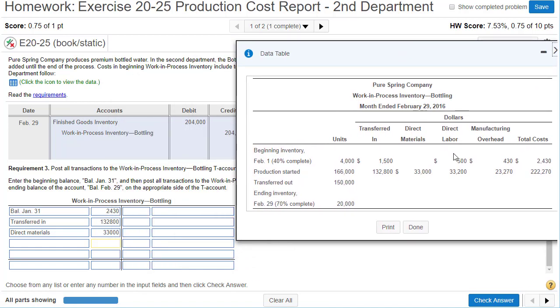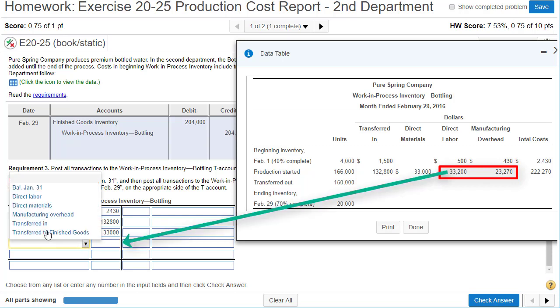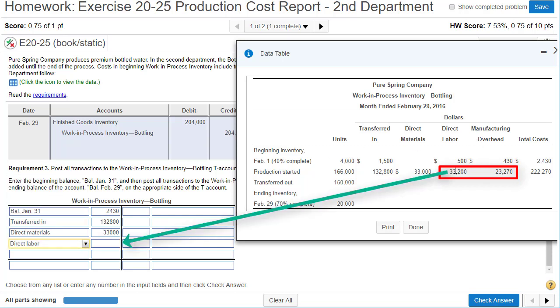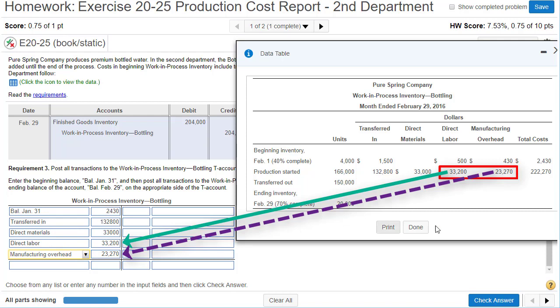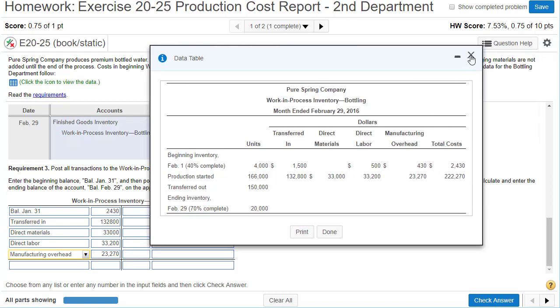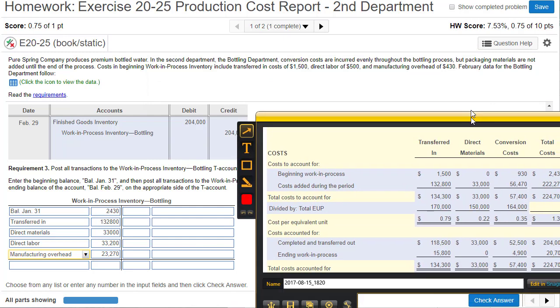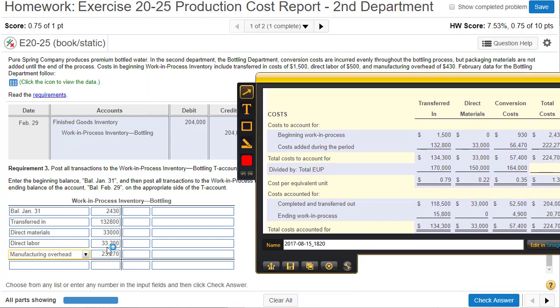What were our conversion costs? Our conversion costs were direct labor and manufacturing overhead. So we've got direct labor, which is 33,200, copy, paste, and then our manufacturing overhead. And we don't need that box anymore. Going back to our production cost report, if we added up these two amounts, it's the same as this conversion cost, but they wanted it broken down.